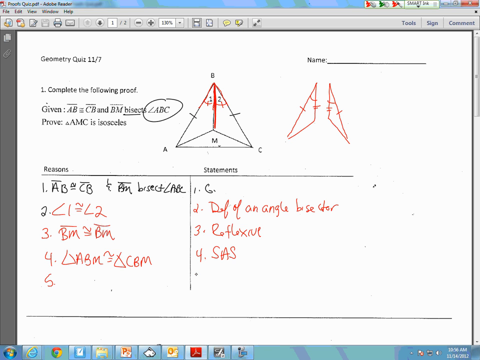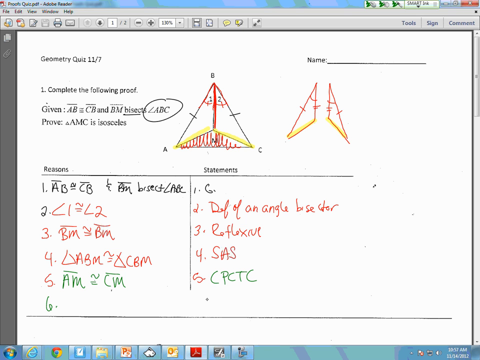Next, I want to start talking about this triangle down here being isosceles. Well, if that was isosceles, then I would need to know that this segment and that segment are congruent. And because those segments show up as corresponding parts in the congruent triangles from step 4, I can say now that AM is congruent to CM by CPCTC.